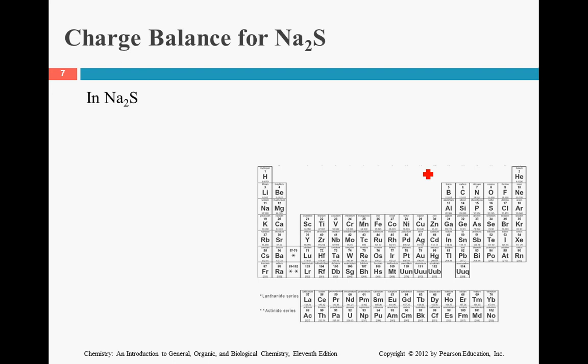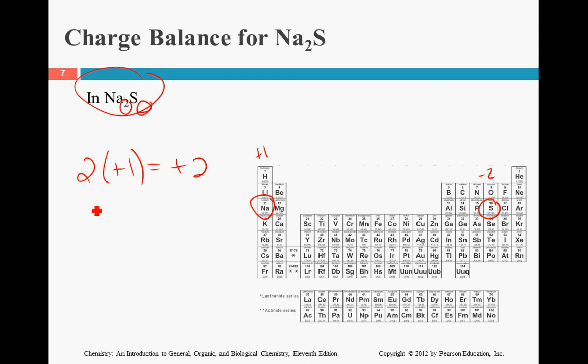So let's look at Na2S, the charge balance of that. Na is right here. It's in the column of +1. We have 2 of them, so we have 2 times +1, which equals +2. S is right here. It's in a -2 column.